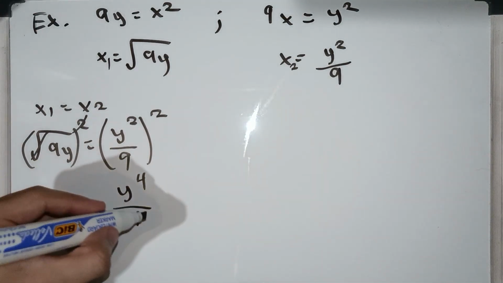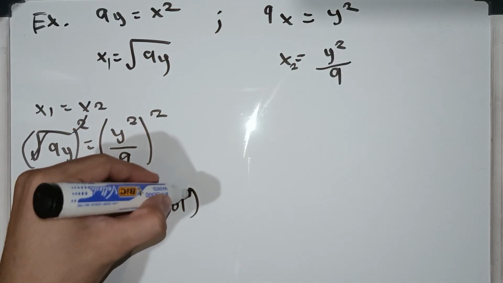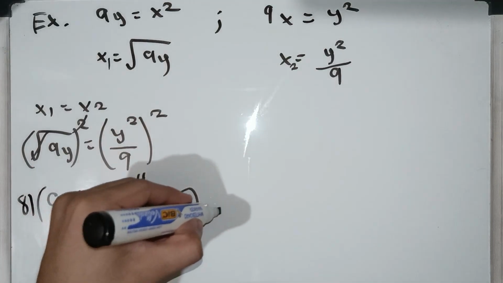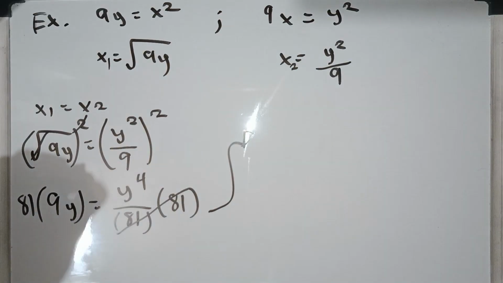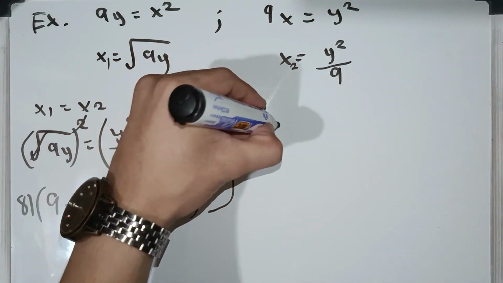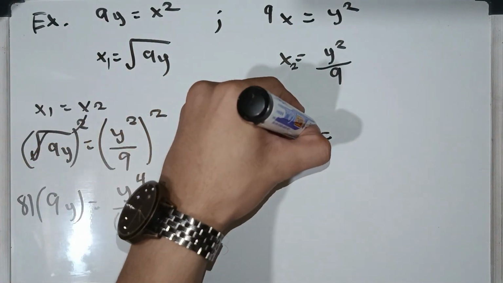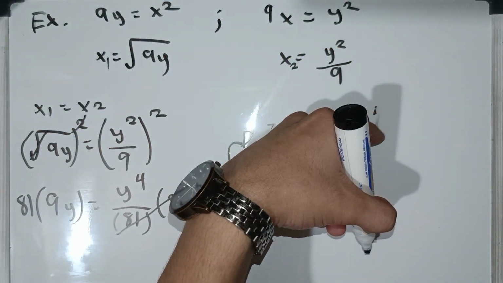So here we have the 81, so let's multiply this by 81 to cancel this. 81 times 9y is equal to 729y, which is equal to y raised to 4.